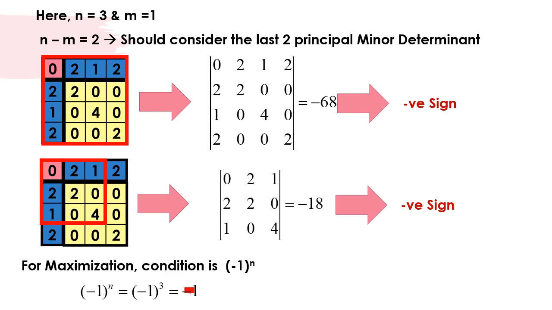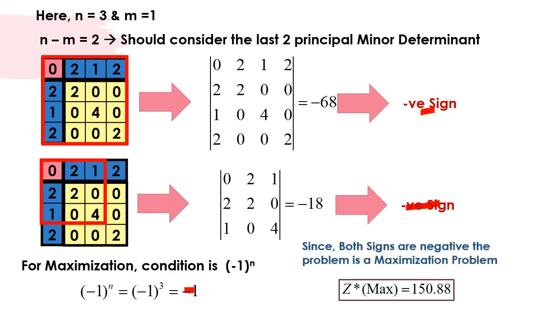So both are negative, which means you can see that this problem is a maximization problem. So I can write Z max is equal to 150.88. So kindly consider this. In Panneerselvam's book, there is an error. I also verified it. I have 2 documents attached with this in Google Classroom. You can verify that. Thank you.